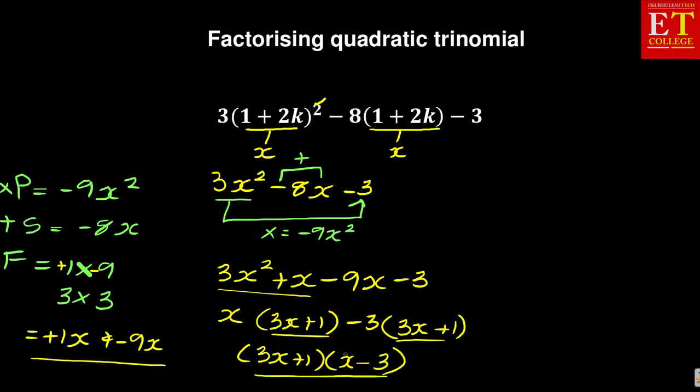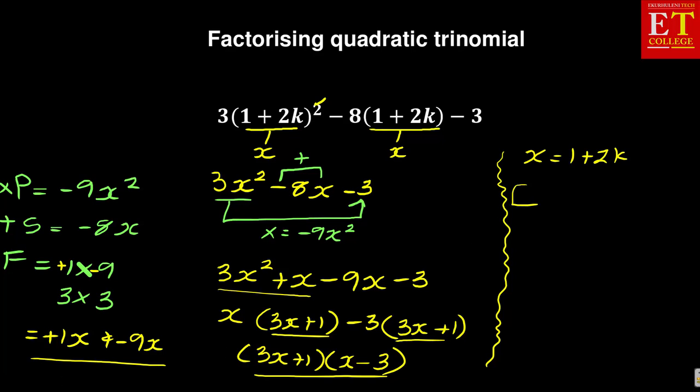So you have factorized, but remember, you did not begin with an x. So now what you need to do is to take it back to k. Remember, you said let x be equal to 1 plus 2k. So now what you need to do is to take your bracket. I think the best is to open a bigger bracket.